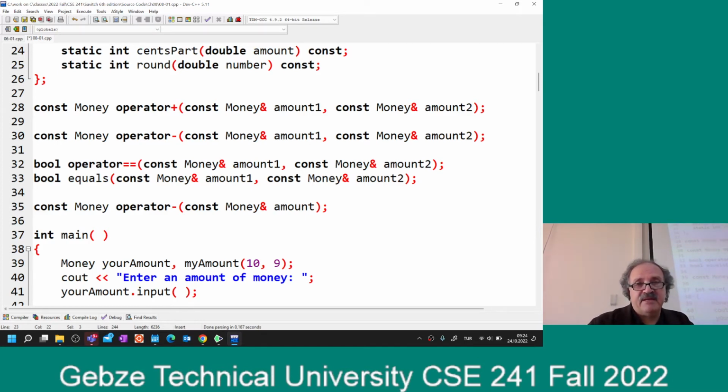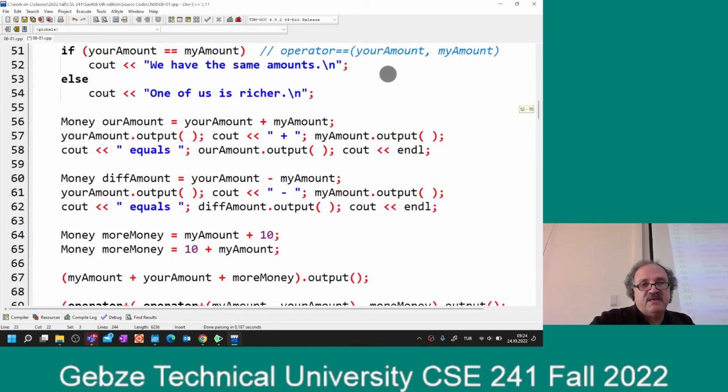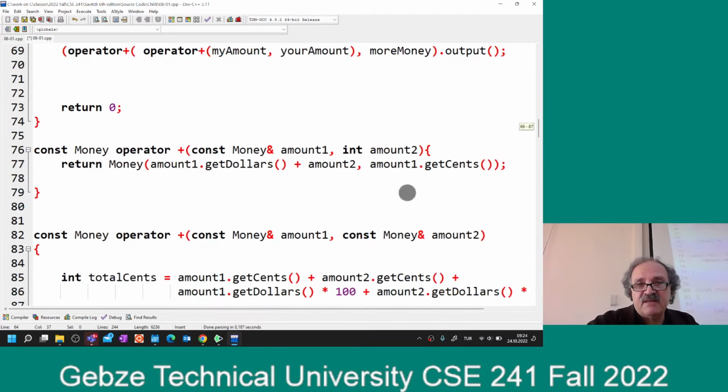Oh, by the way, how did this work? Okay, line 64. This operator, this means what? There must be a function that will take one money object and one integer object, right? There must be a function like that, and in fact, I think I defined it. Yeah, here it is. See?